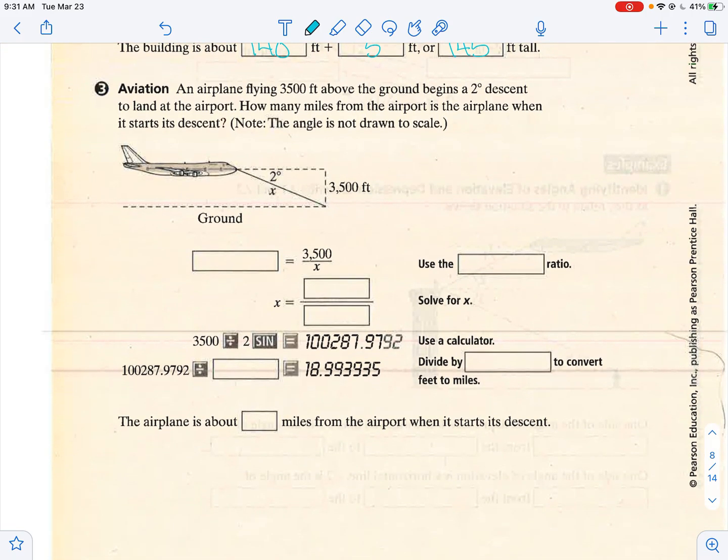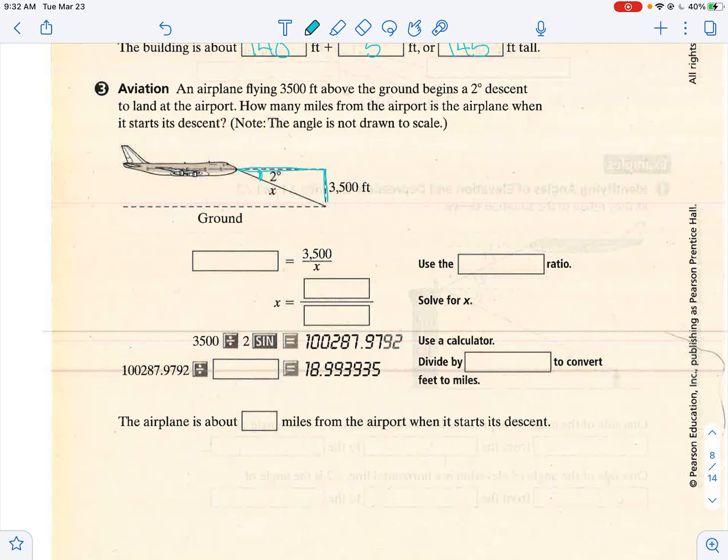Example 3, aviation. An airplane flying 3,500 feet above the ground begins a 2-degree descent to land at the airport. How many miles from the airport is the airplane when it starts its descent? So we're going to look at this triangle here.